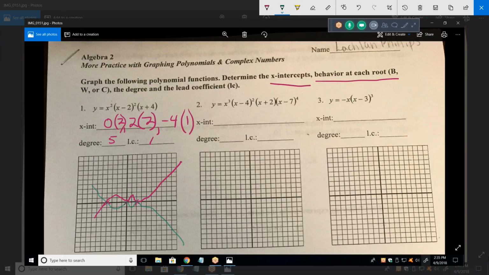So either the red curve or the green curve would match all of those conditions. So the only thing we have to determine is the end behavior. In other words, can we figure out whether this thing comes from positive infinity, which is the green, or negative infinity?